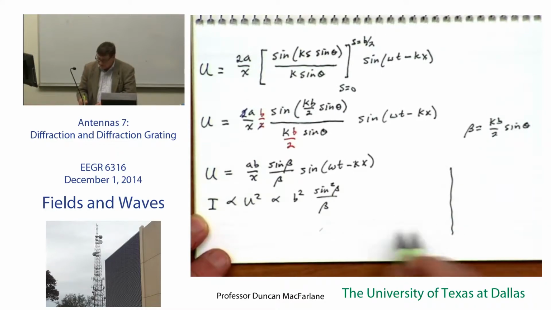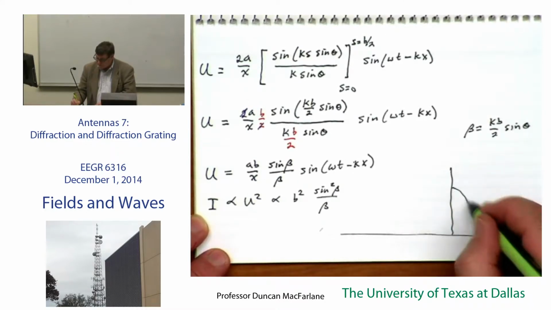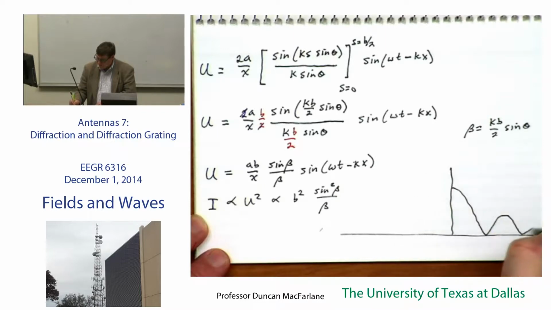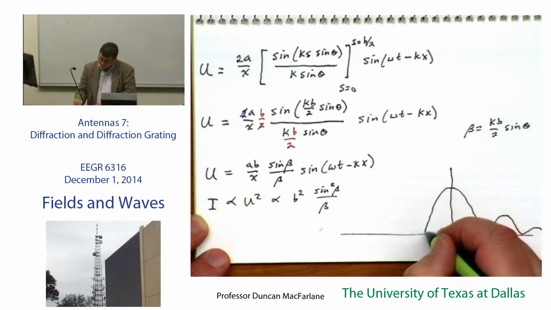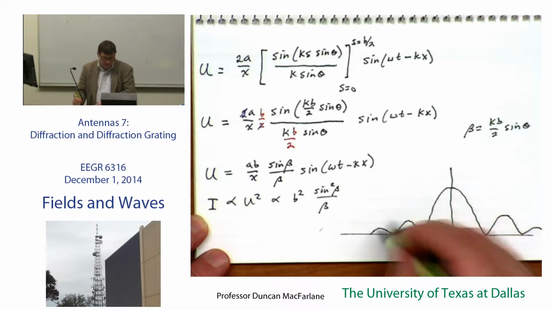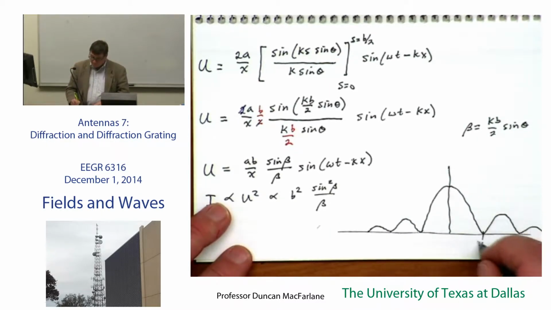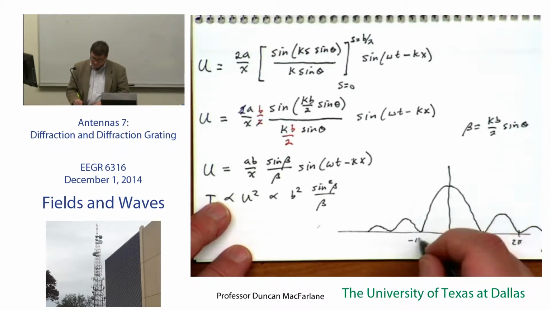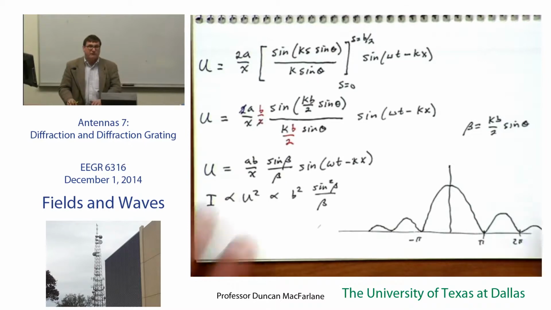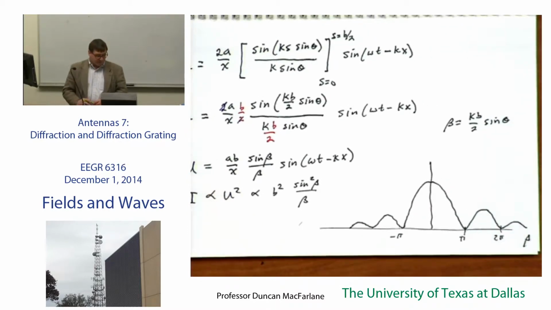And if I plot that, pi, if I plot this in beta, 2 pi, minus pi, and so on. I see the familiar ringing of the sine x over x rectified.